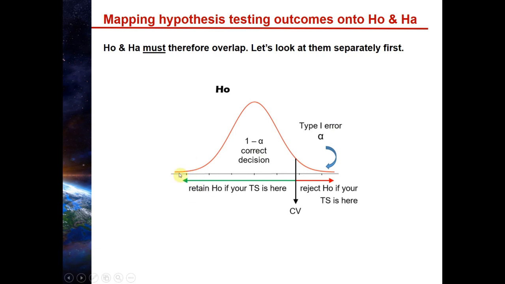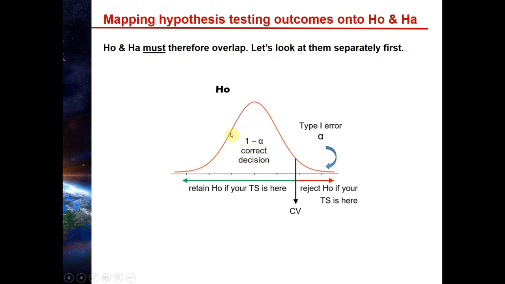Just ignore this tail for a second. If this is alpha, the total area under the curve has to be 1 minus alpha. So if we took the combined alpha, because you have one over here and one over here, that total area, subtract that from 1, and you get this middle part, all right?